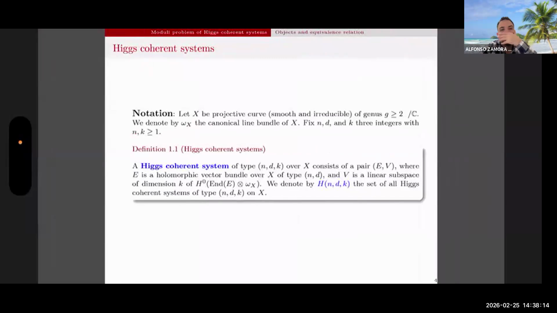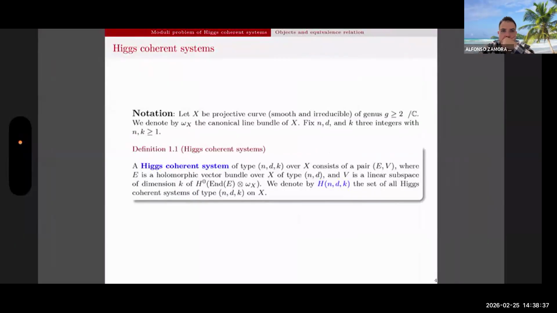Throughout the talk, X denotes a smooth projective curve of genus at least 2 over the complex numbers. Omega sub X denotes its canonical line bundle. And I also fix three integers, n, d, and k, where n and k are at least 1.